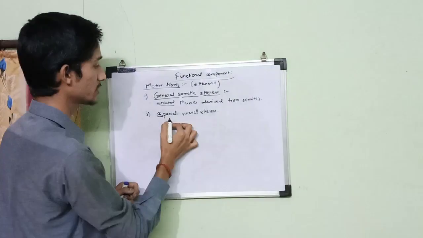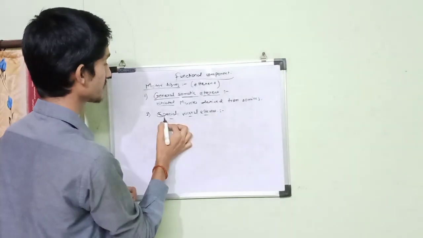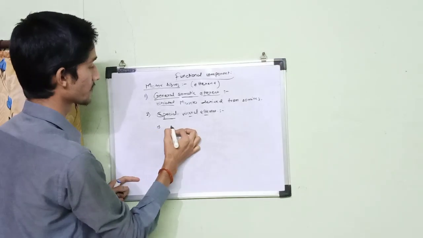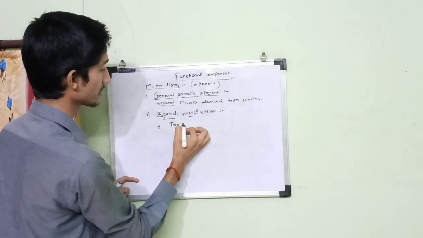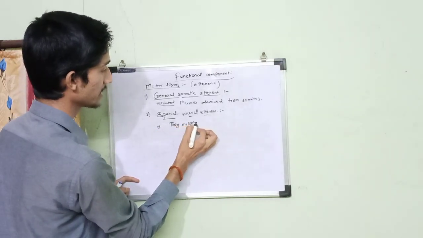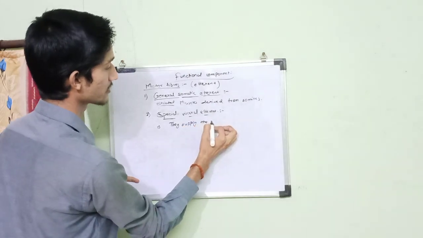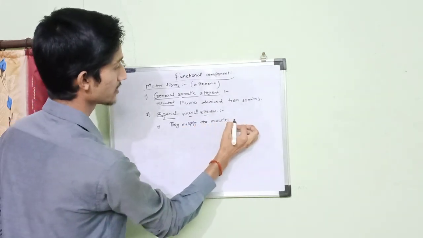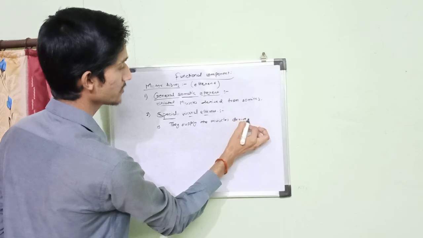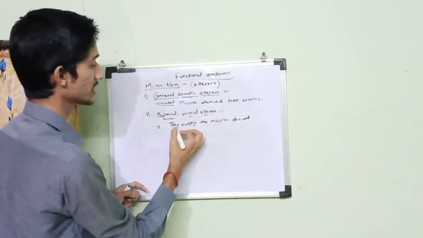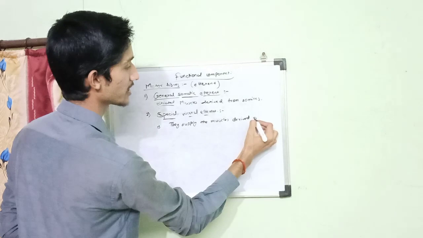Similarly, we have the special visceral efferent fibers. Now there is something special in it. What is it? These fibers supply the muscles derived from pharyngeal arches.